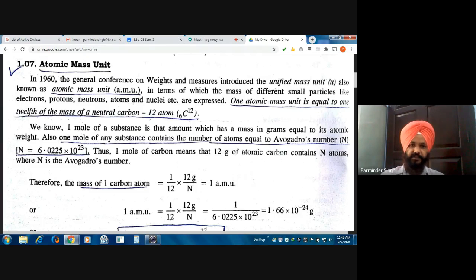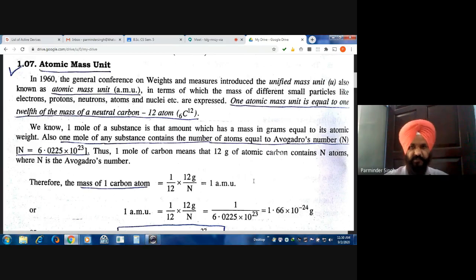Also, we know that 1 mole of a substance is that amount in which the mass in grams is equal to its atomic weight. And 1 mole of a substance contains a constant number of atoms, which is called the Avogadro number, and its value is 6.0225 × 10^23.